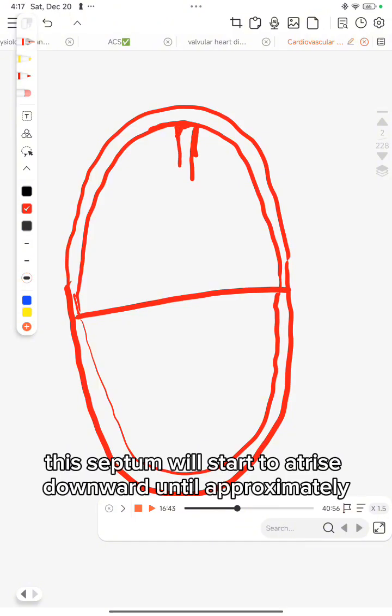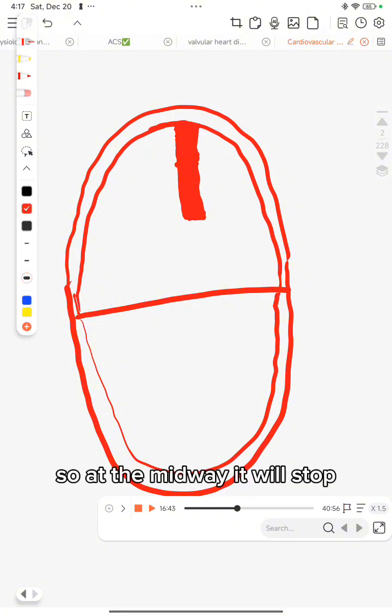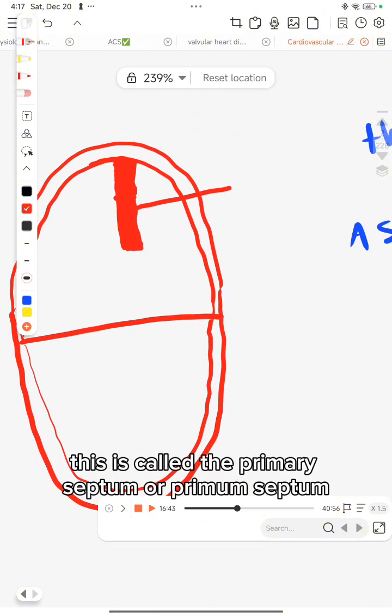This septum will start to arise downward until approximately the midway, so at the midway it will stop. This is called the primary septum or septum primum.